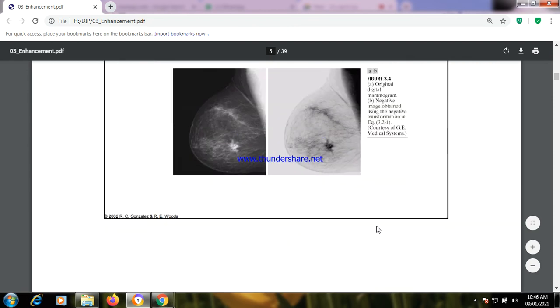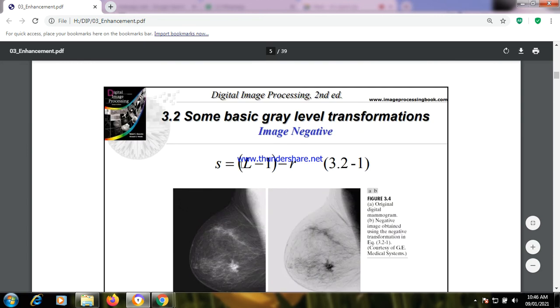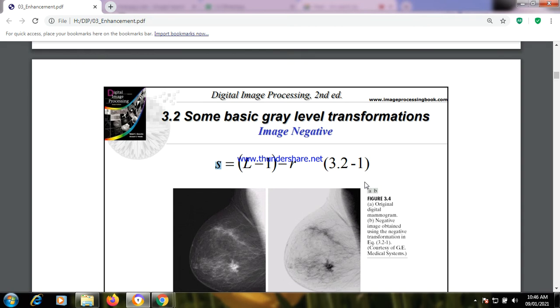So you can observe here, and you can use this formula. Quite simple: S equal to L minus 1 minus R. R is the input gray level, S is the output gray level value, and L is 256, so the maximum intensity value is 255. Why 255 only? Because 2 raised to 8 is 256.